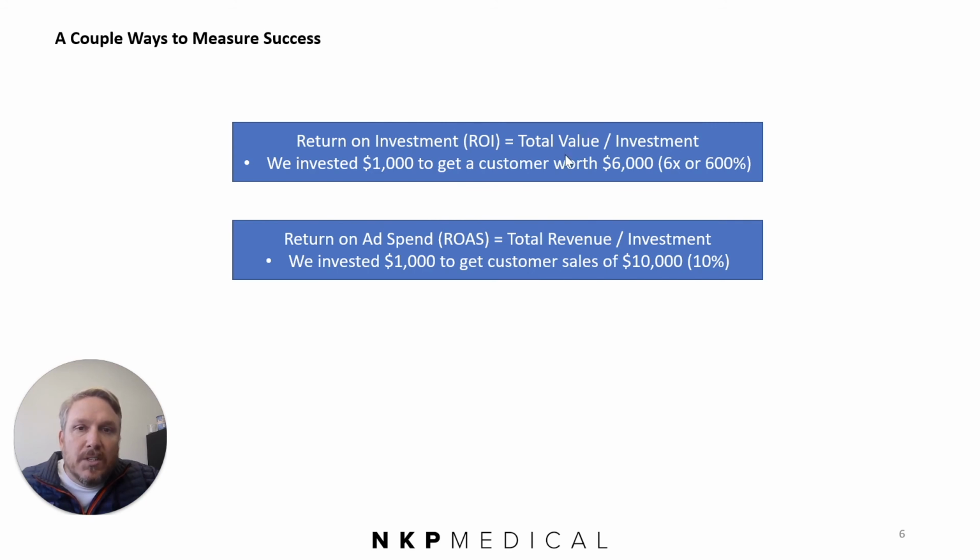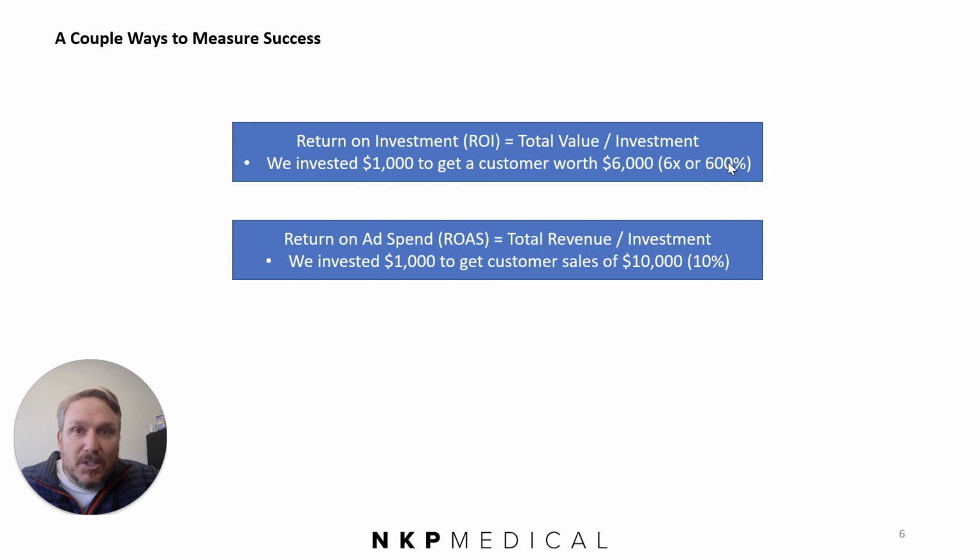In this scenario, we invested $1,000 and we're going to get a Botox customer that over the life of those Botox treatments is worth $6,000 to me. That's a fantastic return on investment. It's actually 6x, or 6 times the $1,000 that you spend, or another way to phrase it is a 600% return on investment.